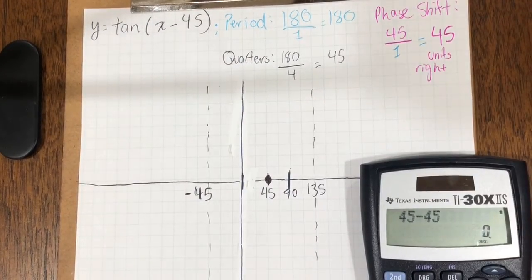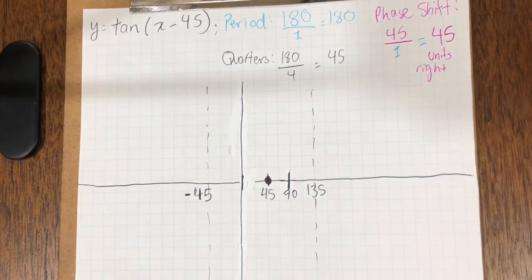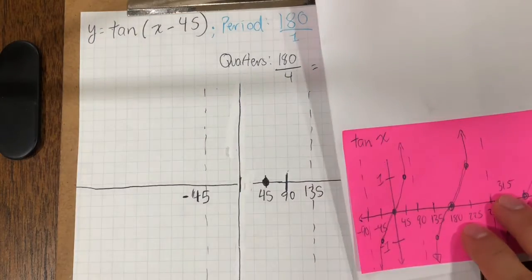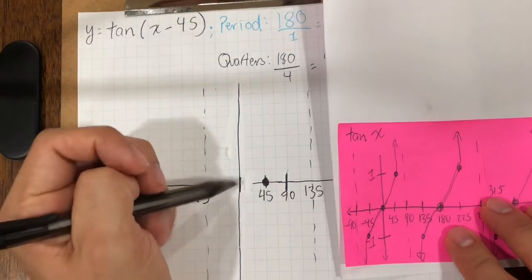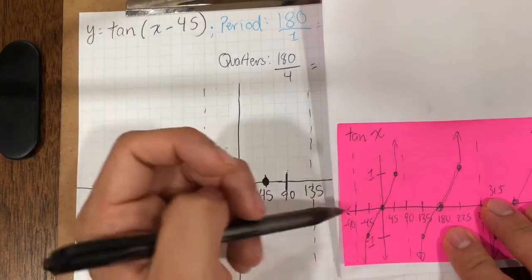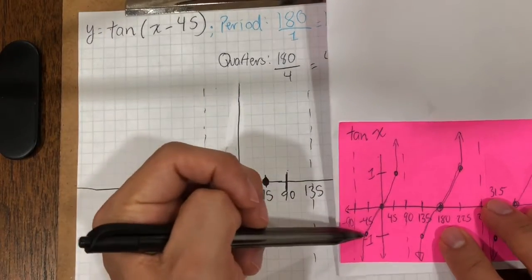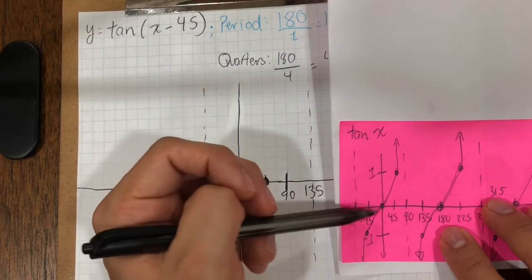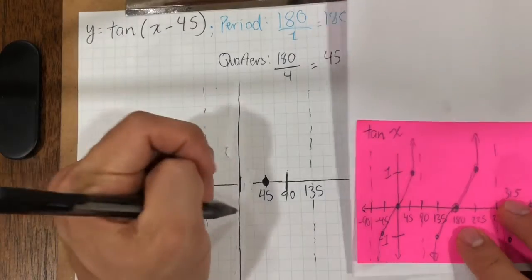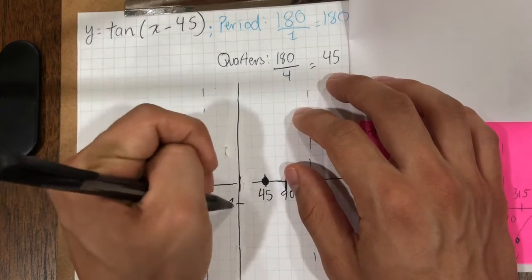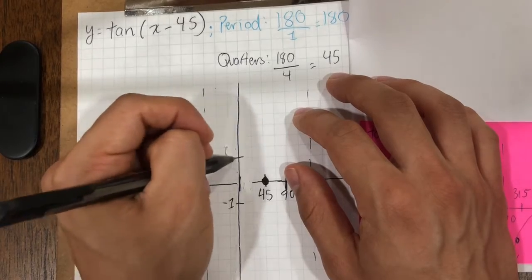So let's go ahead and get my graph. Now I'm not going to use an x and y table. What I can actually do is use the pattern that we have for the graph of tangent. So with the two halves that we have over here, we're going to be using the pattern which starts off at low, mid, then high. Let me label my y-axis, so -1 and +1.